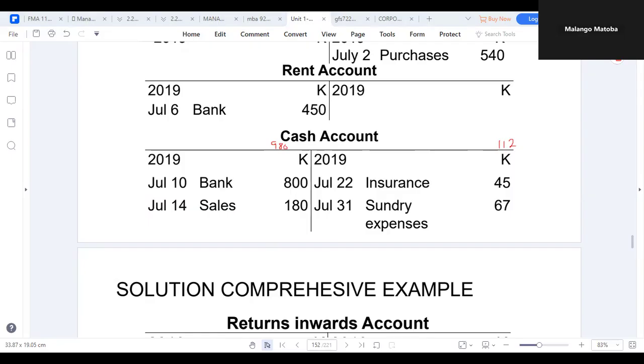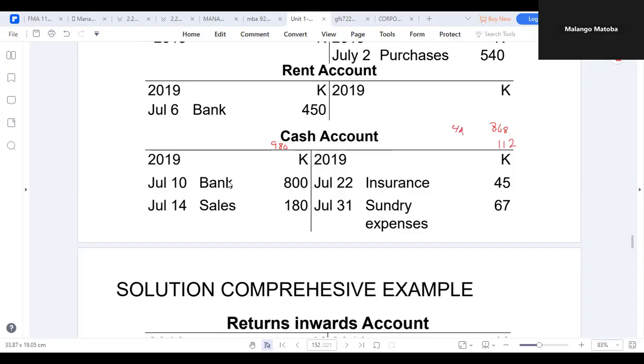980 minus 112 is 868. So this is what? Write down.